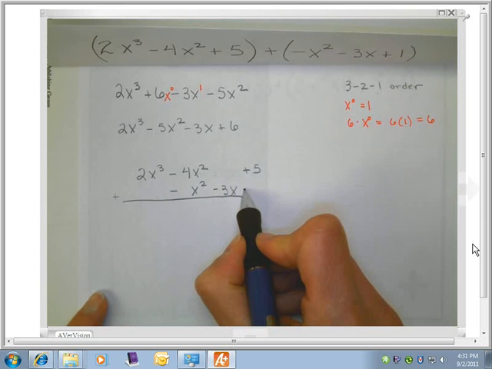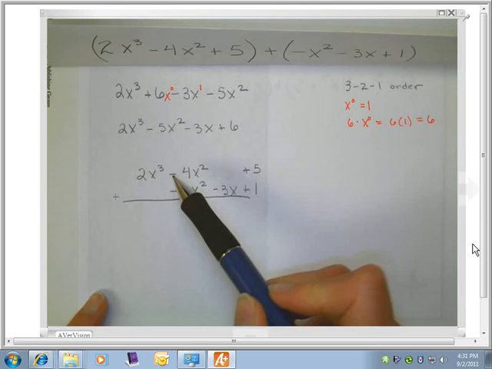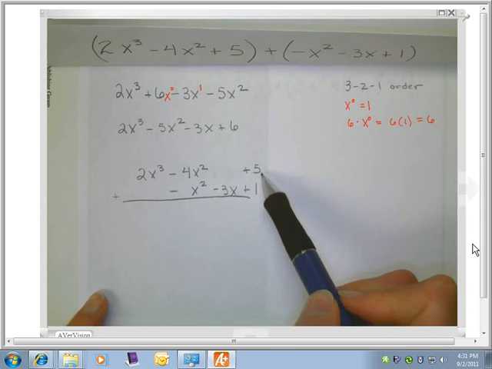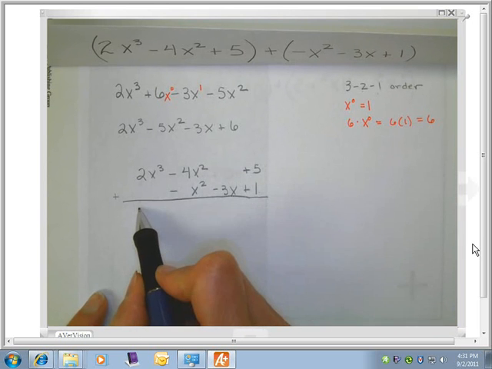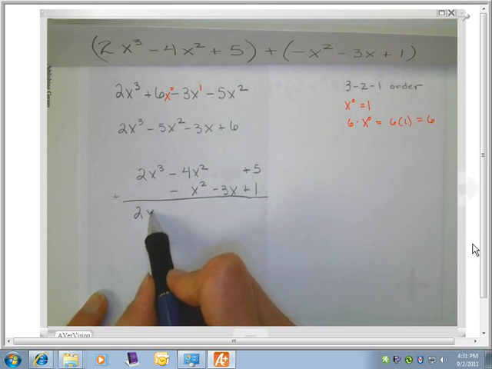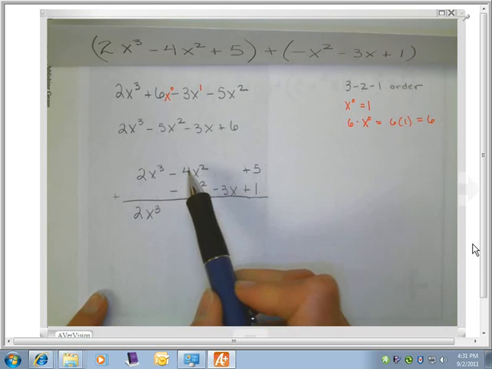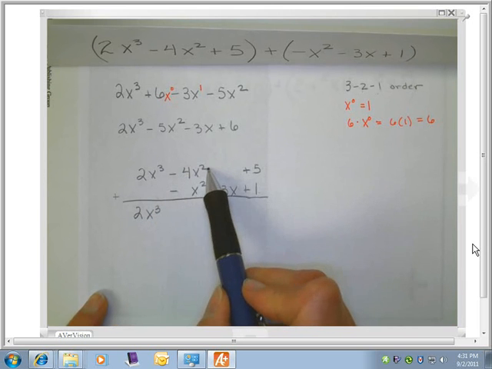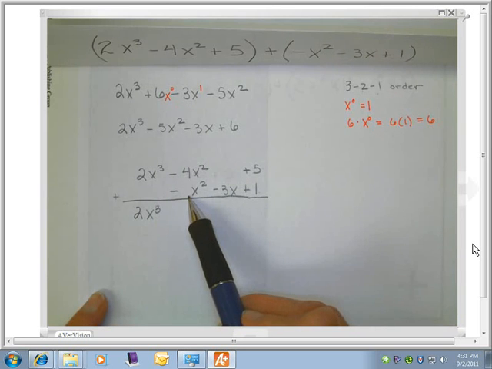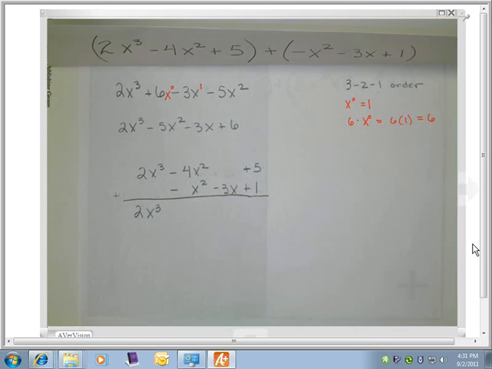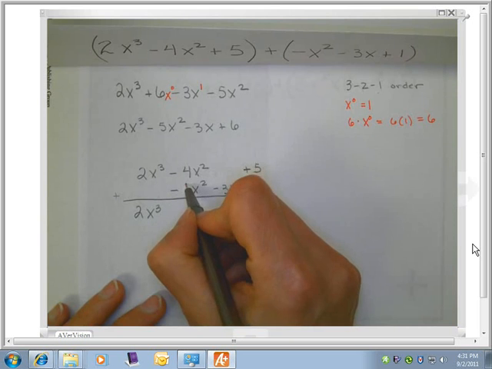Now notice, my like terms are all lined up nicely. So this becomes 2x cubed, negative 4x squared minus x squared. Remember, what's the coefficient of x squared? It's understood. In this case, it's negative 1.